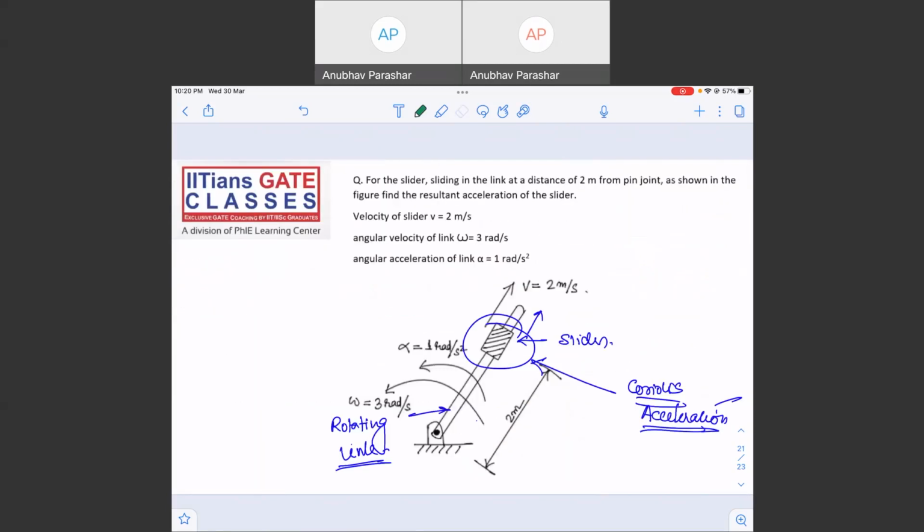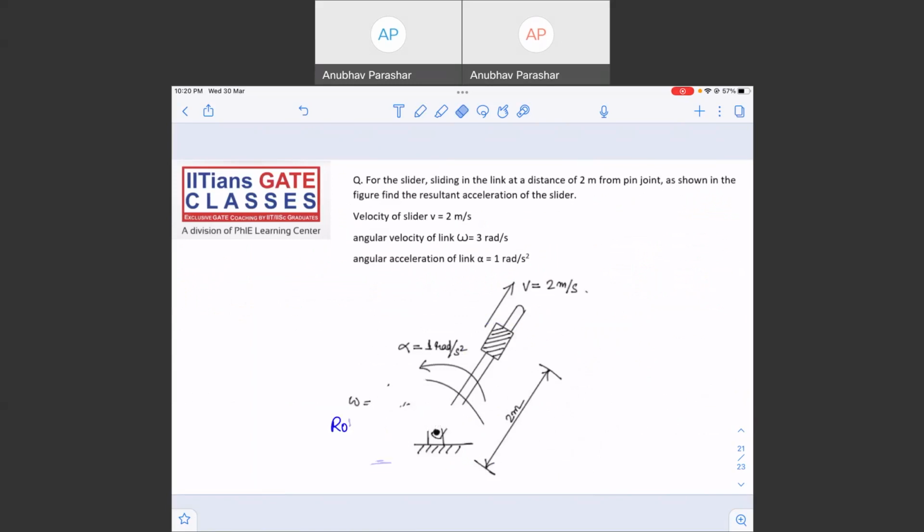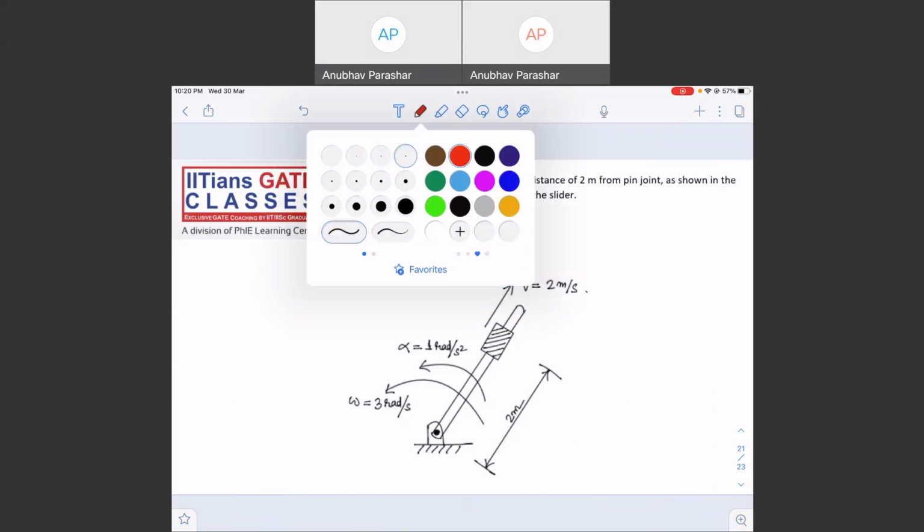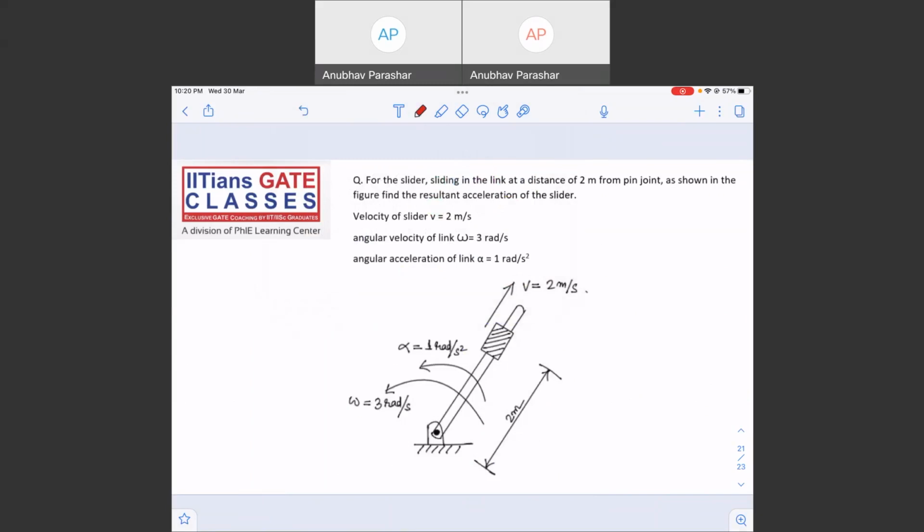So let us take this example. Let us try to find out the direction of Coriolis acceleration here. Right? So in which direction is the link rotating? Can I say the link is rotating in counterclockwise direction or anti-clockwise direction?